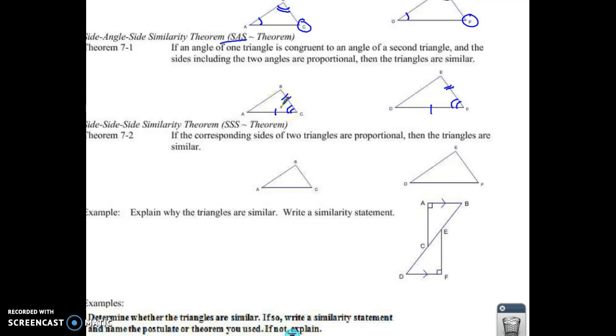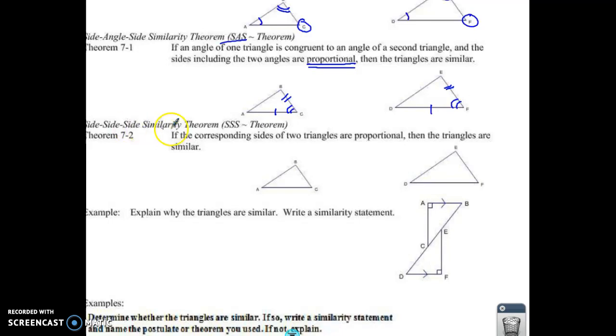Once we have that, we know the two triangles are similar. The sides including the angle must be proportional. This side must reduce to the same as this side. They have to be in proportion.